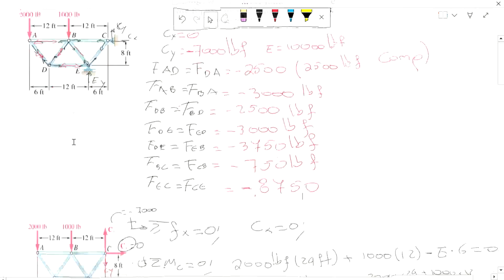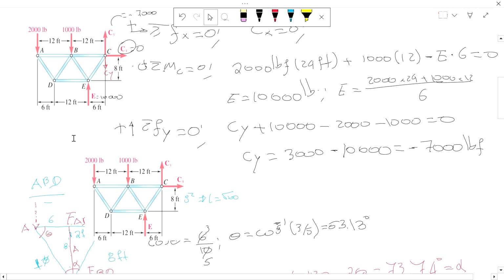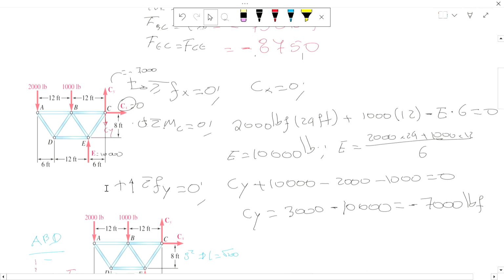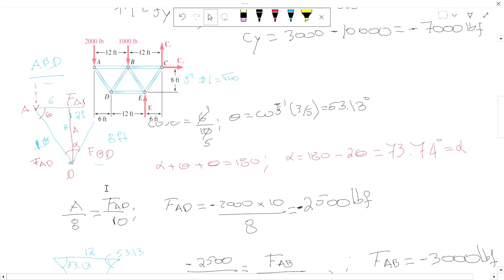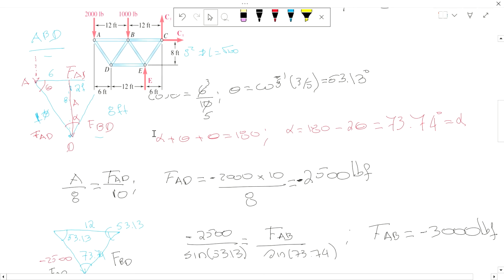FA to B, sorry, AD is negative 2000. Yup. So this one is in compression. Okay, so if this one is in compression, this one is in tension.